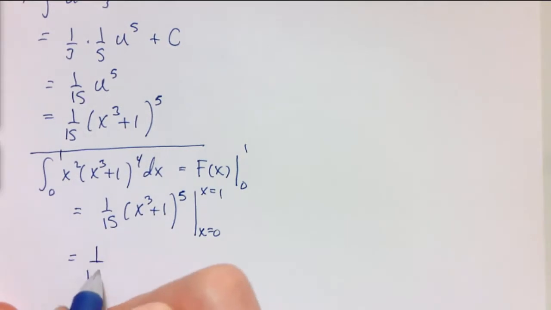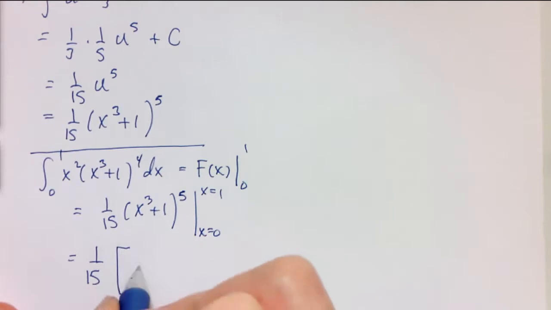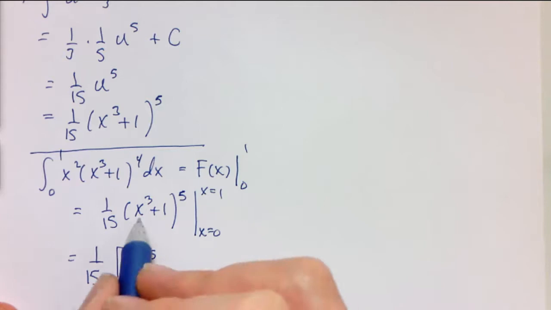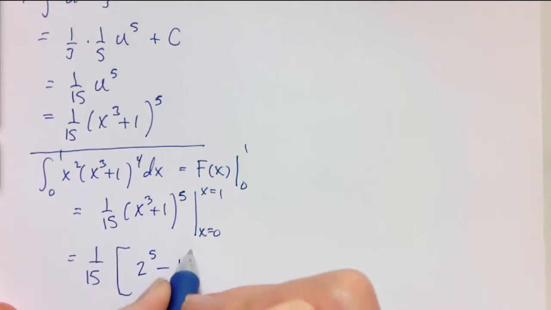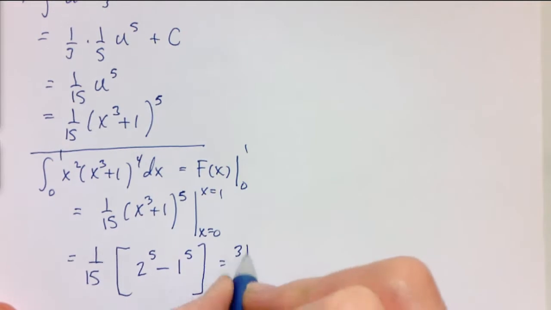So leaving the 1/15 out of my way, plugging in 1 here, I get 1 cubed plus 1 is 2 to the 5th power, minus 0 cubed plus 1 is 1 to the 5th power. 2 to the 5th is 32, so this is 31/15.